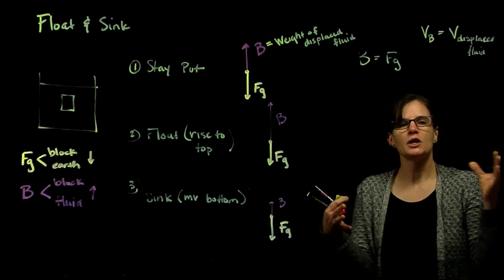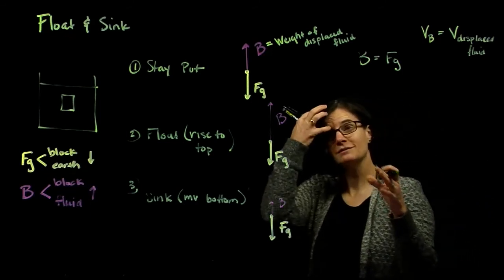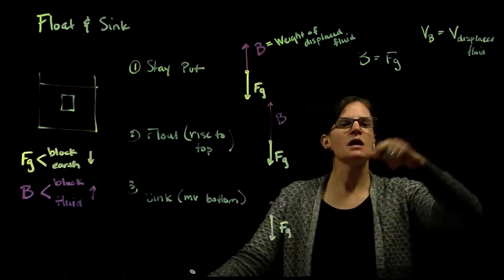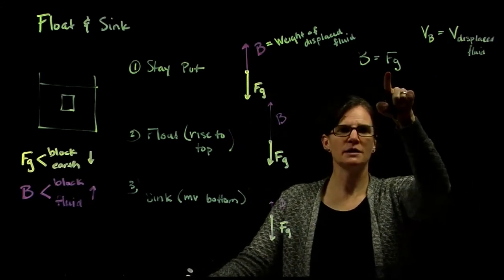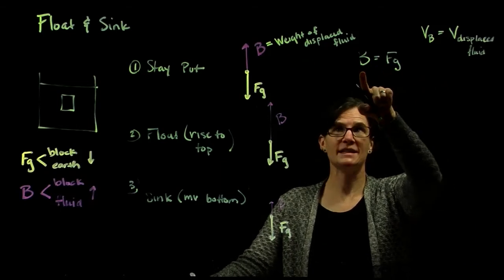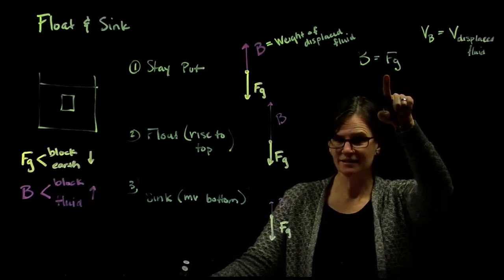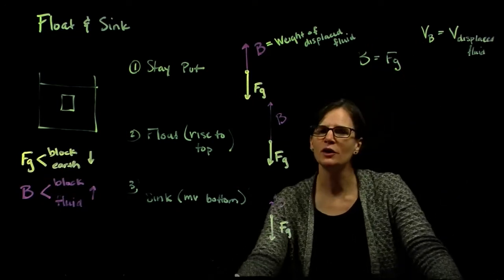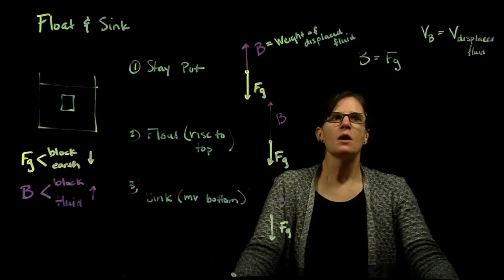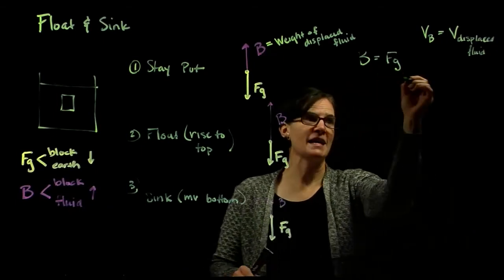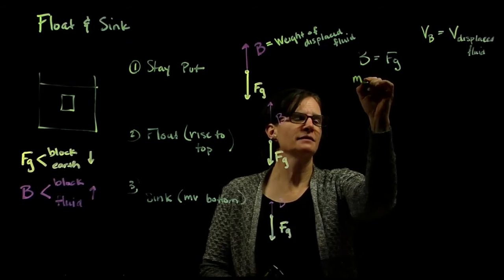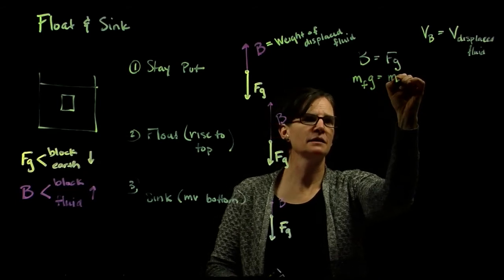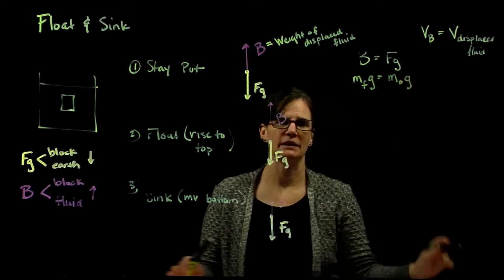All right, so in case one, we have a situation where the force of gravity is equal to the buoyant force. The weight of the displaced fluid is equal to the weight of the object. And of course, the volume of the displaced fluid is equal to the volume of the object. Well, we know that the weight, the mass of the fluid times gravity, is going to equal the mass of the object times gravity.